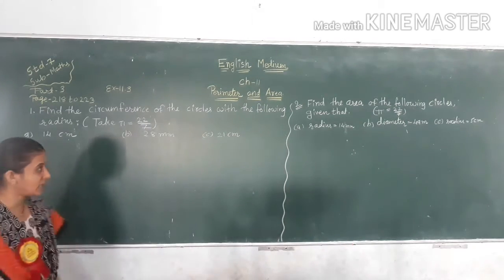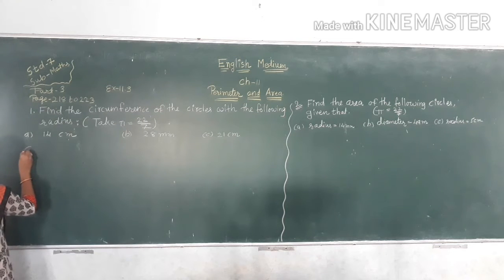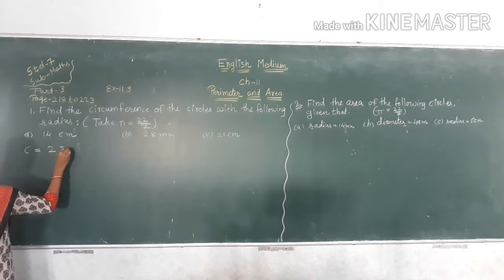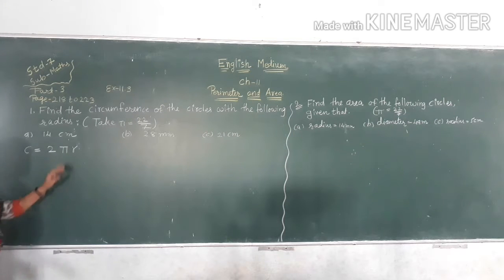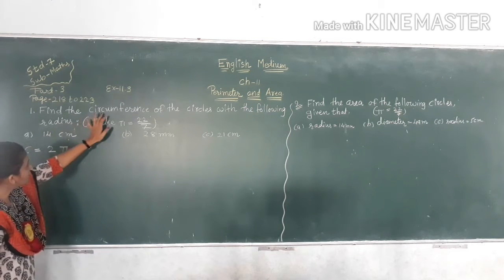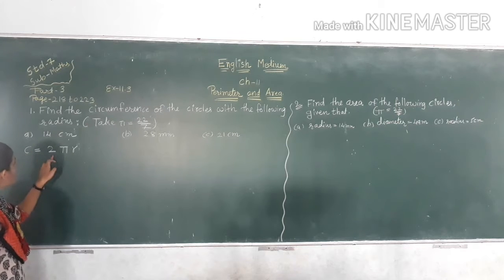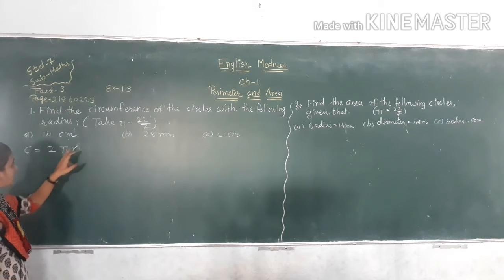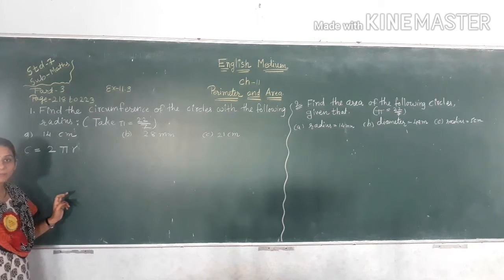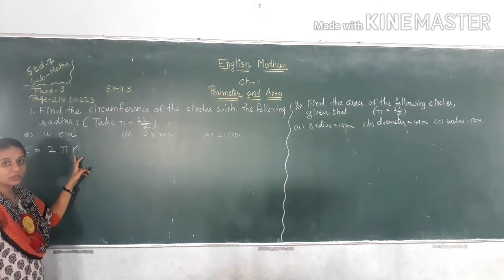Now for the first one, C is equal to 2 pi R, where pi's value is 22 divided by 7, and R is the radius.